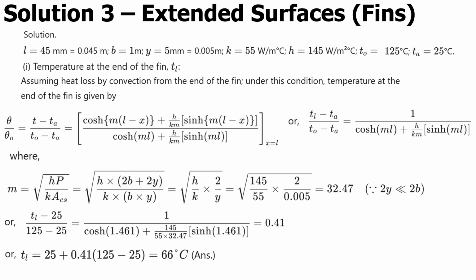And finally, we end up with a value of TL equal to 66 degrees Celsius when we plug in the values and calculate accordingly. And this 66 degrees Celsius is the temperature at the end of the fin.